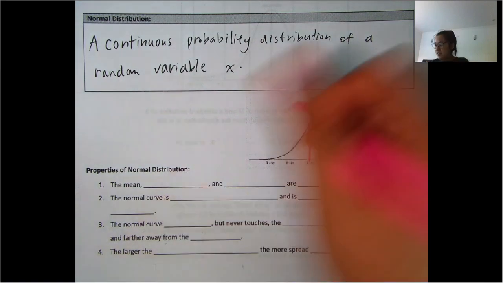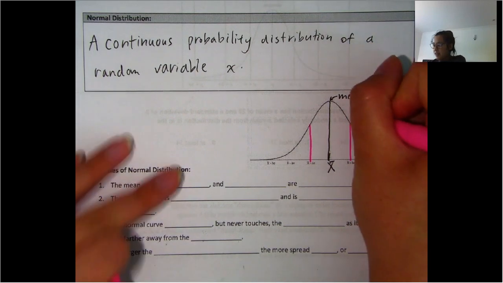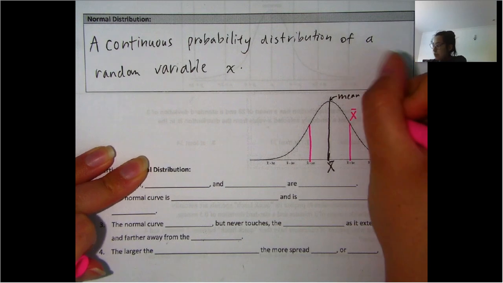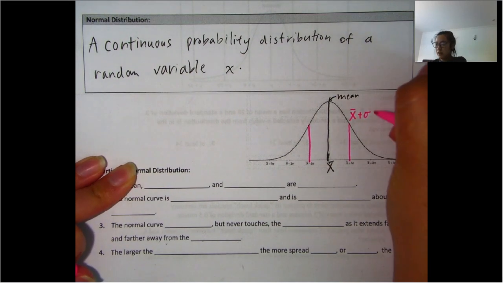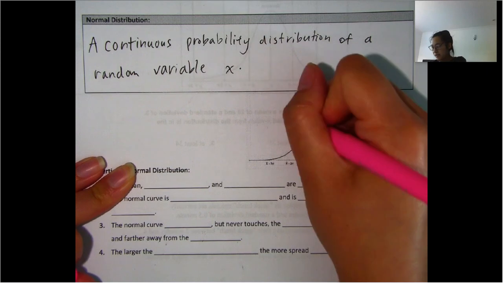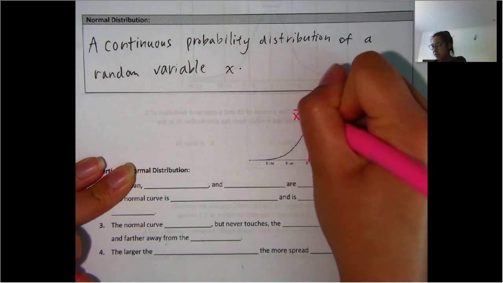So this is going to be one standard deviation away. So this basically here is going to be x bar plus one standard deviation. We use the lowercase sigma as standard deviation. And then this right here, of course, is going to be x bar minus one standard deviation.